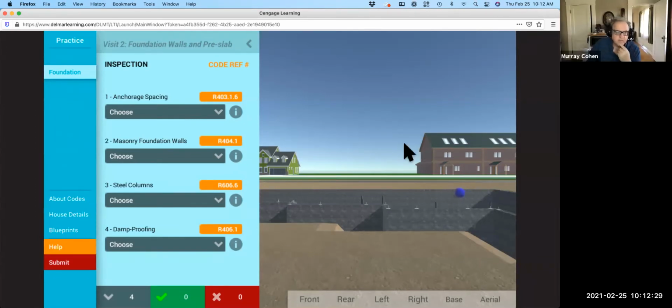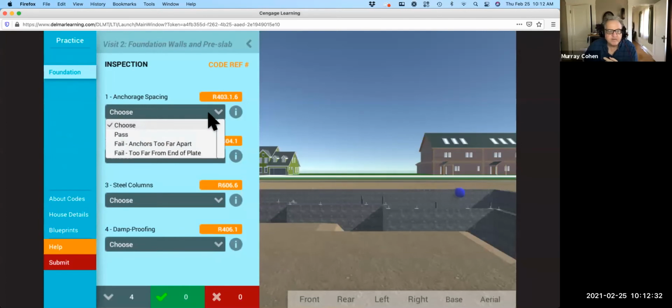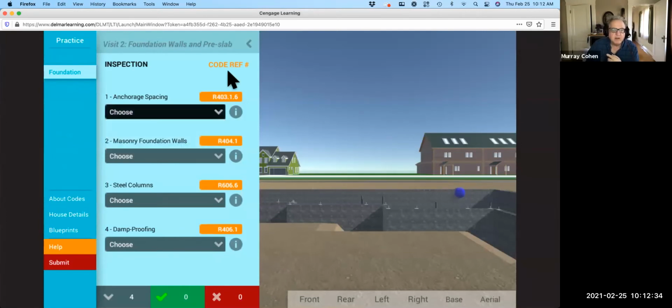This has different things in the code, and for example, number 1 is pointing out this, and they're asking, is the anchor spacing right?